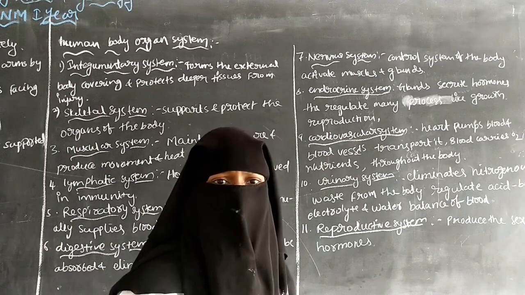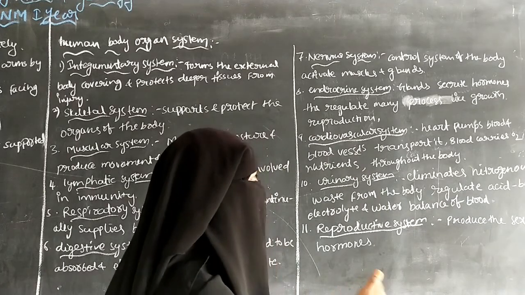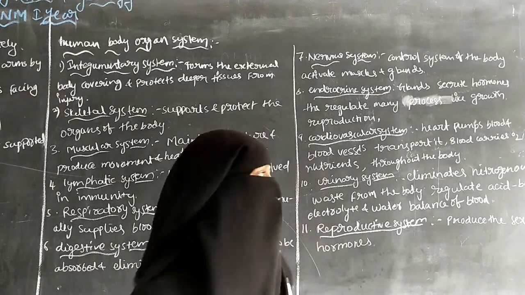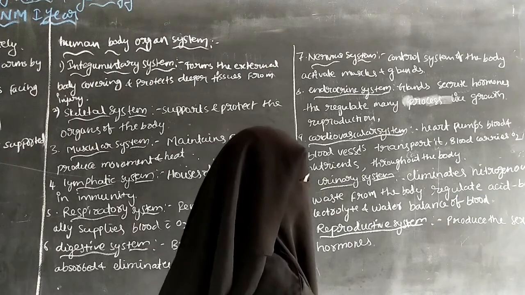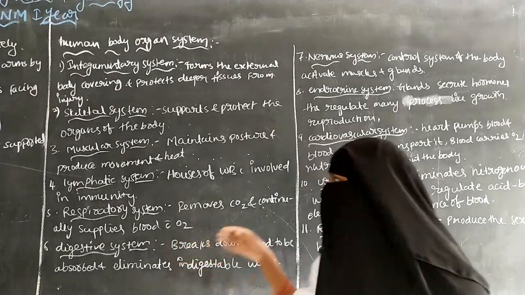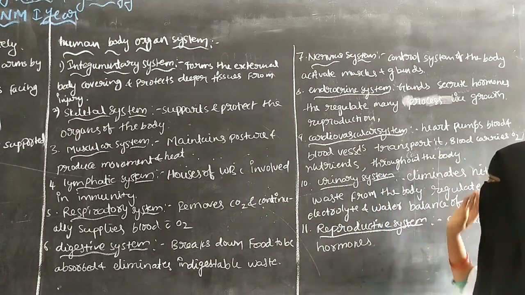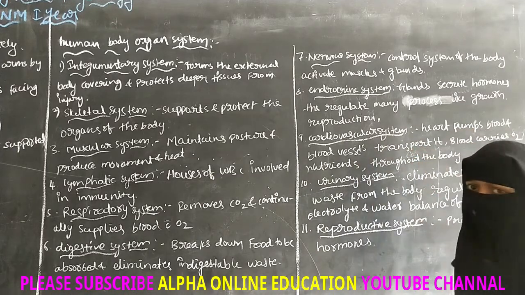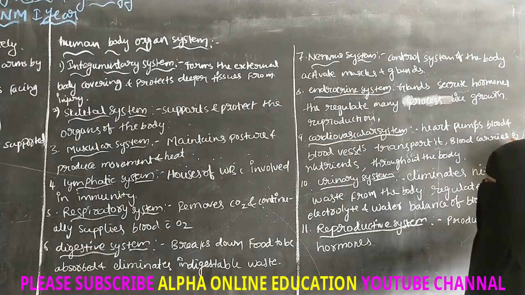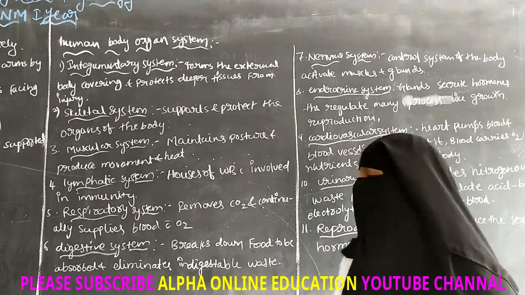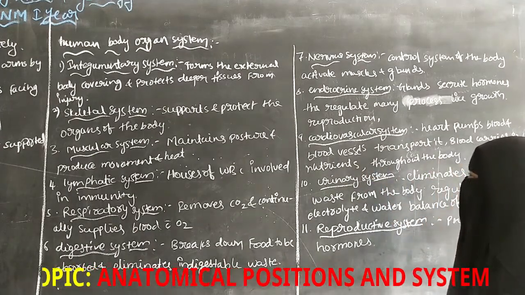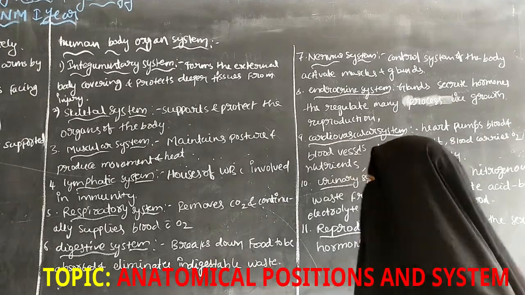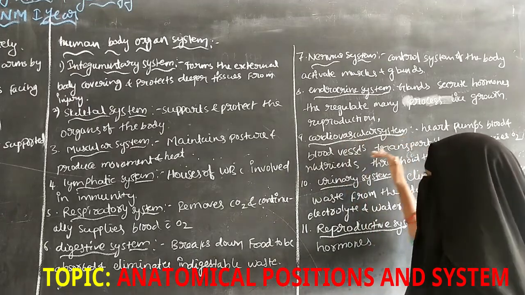By the blood vessels, the blood is transported to the parts of the body, and the blood carries oxygen, carbon dioxide, and nutrients throughout the body. So it is the cardiovascular system.